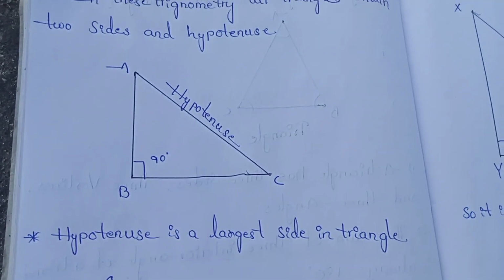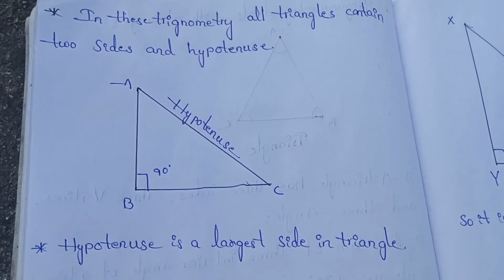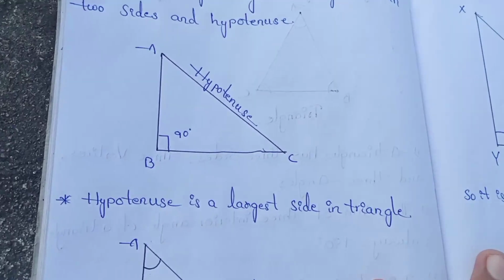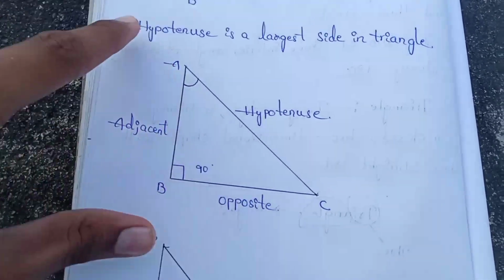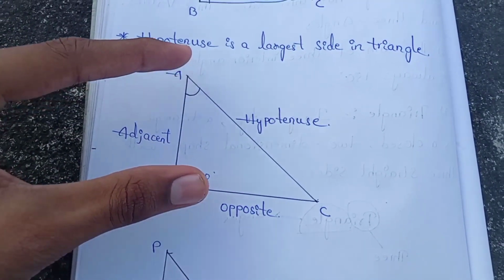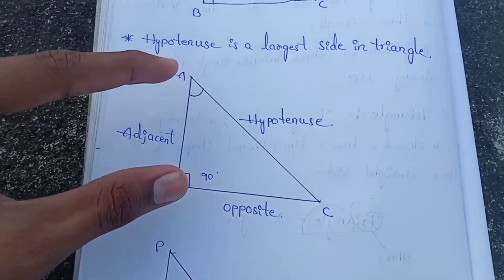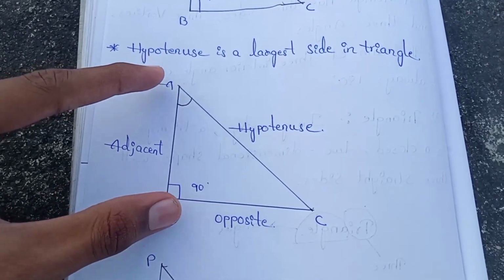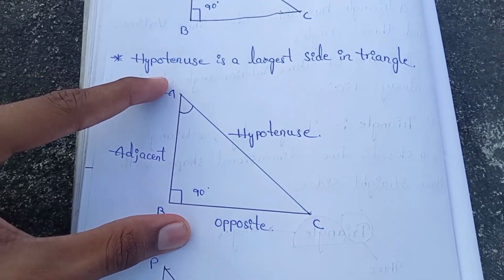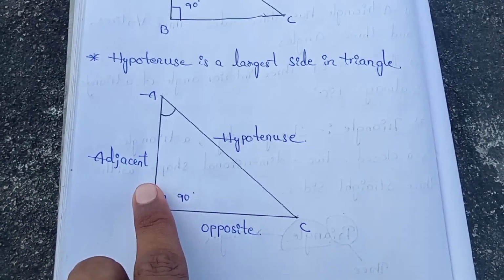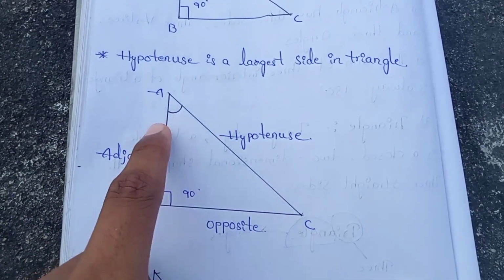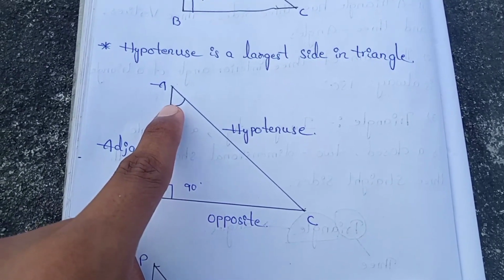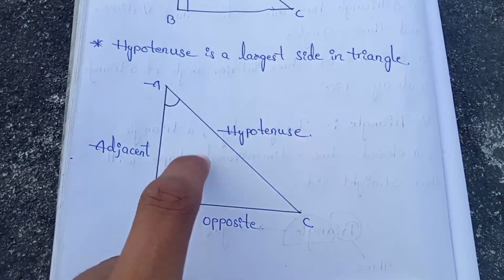Now let us see what the opposite side and the adjacent side of a triangle are. In trigonometry, we have to take this type of triangle only. Let us take a triangle ABC with a 90 degree vertex.